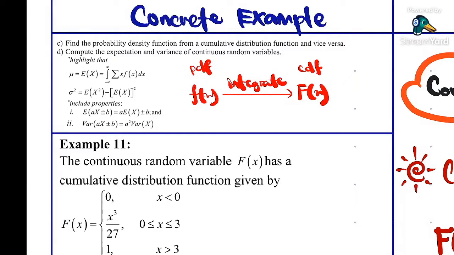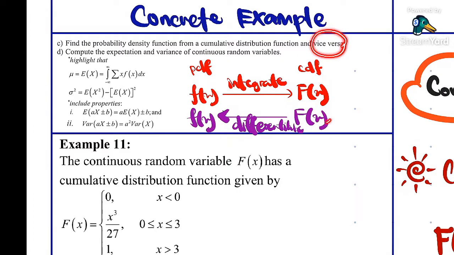But what happens if we are trying to find from the CDF, the big letter F, going to the small letter f, the opposite direction, which is doing differentiation? That is what we are going to do today. In this video we are going to do the vice versa part, which is from the big letter F we are going to find the small letter f.